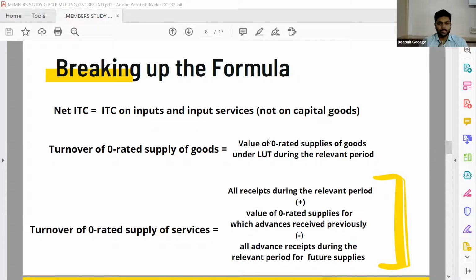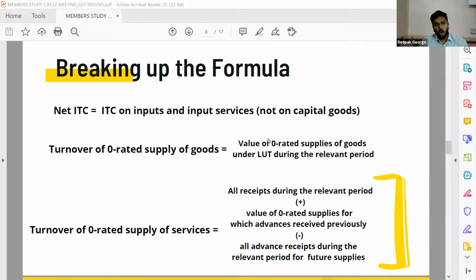But you deduct one thing. Whatever is the value or whatever is the advances that you received or the proceeds that you received this year, but against the supply of services that will be done in the future. This is basically to find out what is my value of services in respect of zero rated supplies strictly to this particular relevant period for which I'm claiming refund.